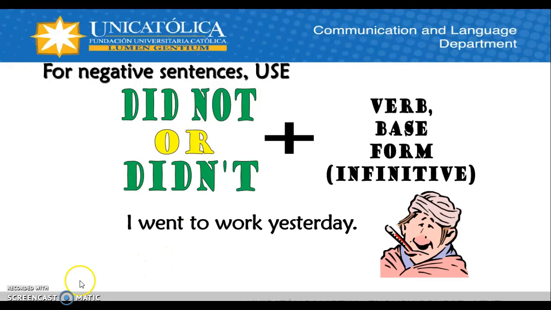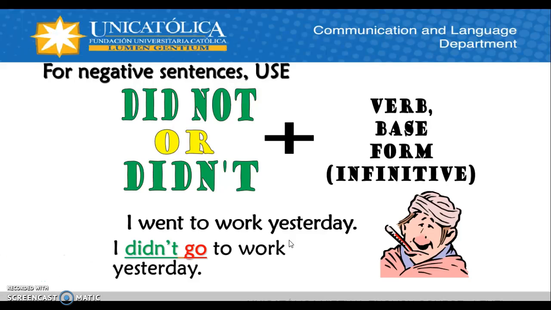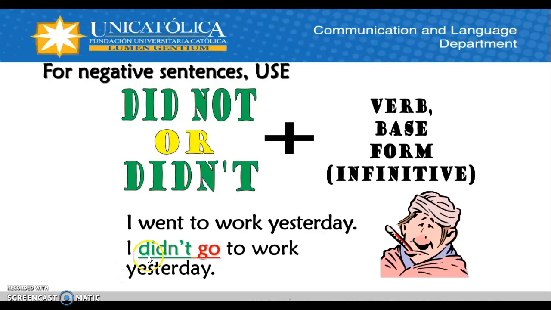Example: I went to work yesterday. I didn't go. You see? Didn't, negative. Didn't, and the verb must be in infinitive. So the present form is go.